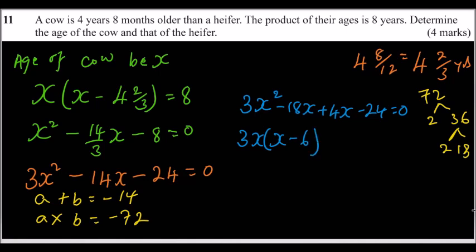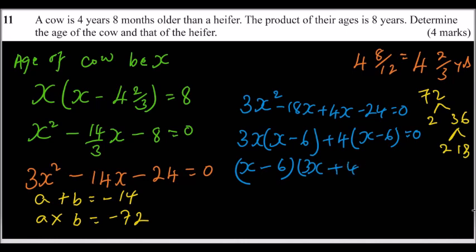And here we factor out positive 4. We will be left with x minus 6 is equal to 0. We write the factors. So we factor out x minus 6, and we'll be left with 3x plus 4 is equal to 0.